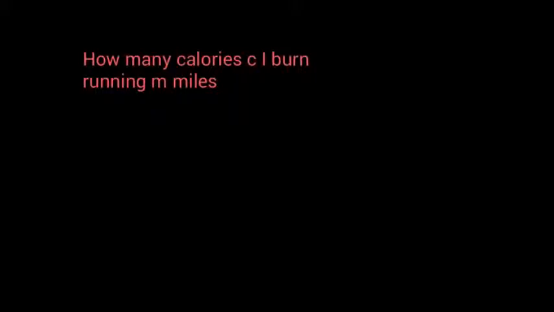There's nothing I can do to change how many calories I burn running a mile. I can change different factors of running, but how my body actually burns its calories, there's nothing I can do about that.